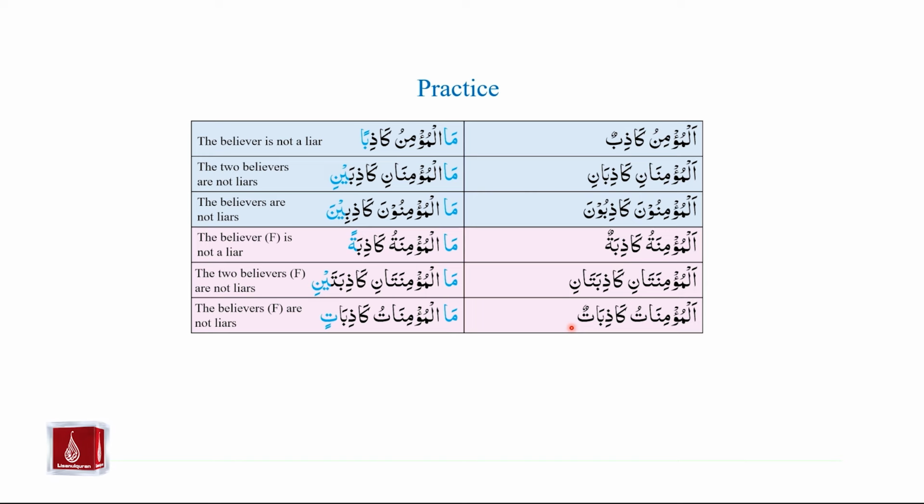We studied that atun and atin ending sounds are used for feminine non-broken plural asma. Atun indicates rafa status. Atin indicates nasab and jar status. In this case, kazibatin is indicating nasab status or mansoob form of ism because of the presence of ma. The female believers, referring to plural, are not liars.